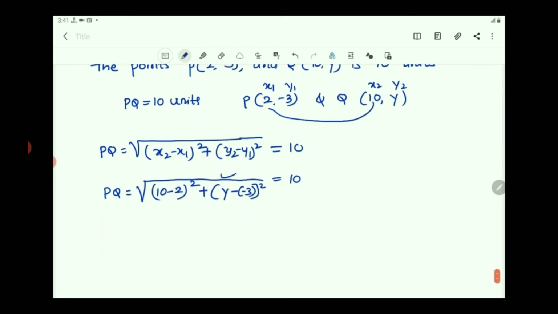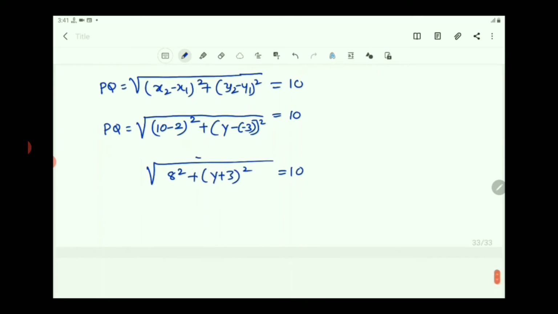Now you remove the root, take the square on the RHS. First, 10 minus 2 is 8 square plus y minus minus 3 is y plus 3 whole square equals 10. Then you remove the root here, take the square on that side.